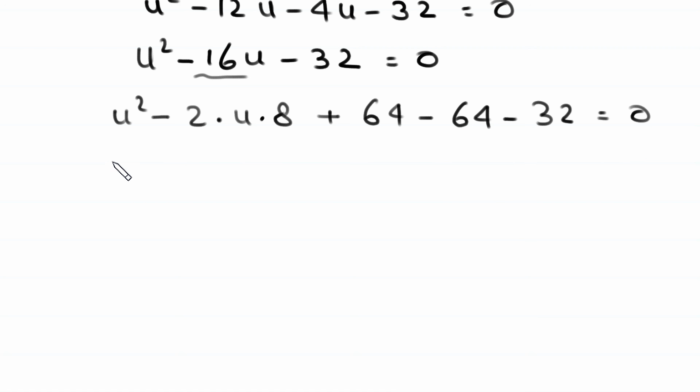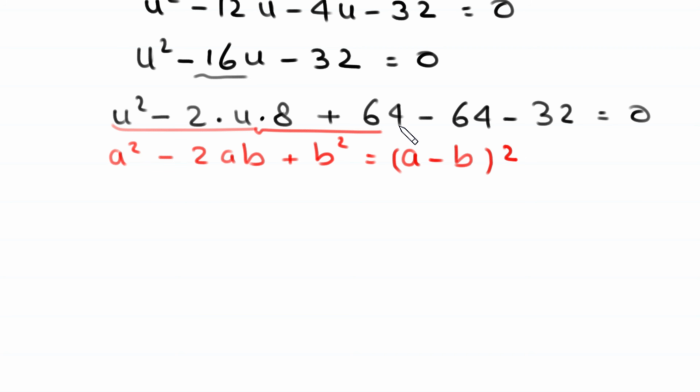By using this algebraic identity, a squared minus 2ab plus b squared equal to (a minus b) whole squared, this u squared minus 2u times 8 plus 64 will become (u minus 8) whole squared.